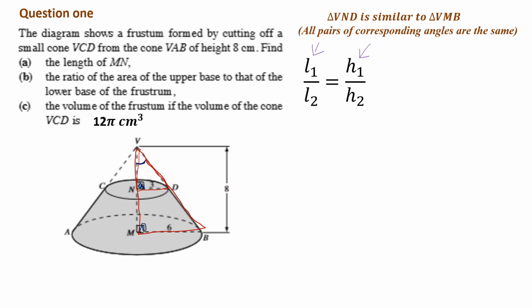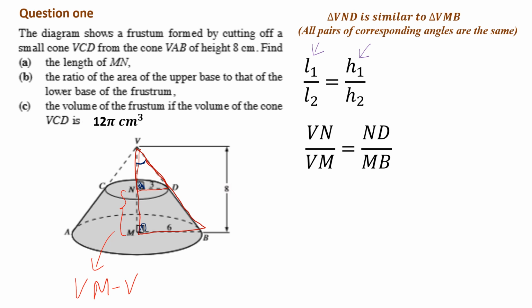In this case, what we'll be comparing is VN over VM. Why are we comparing VN over VM? Because we're asked to find MN, and MN here is VM minus VN. So I need to find VN and also VM, and that ratio can be compared with your ND, which is the radius. Why? Because you're given the radius of the smaller cone to be 3 cm and the radius of the bigger cone to be 6 cm.